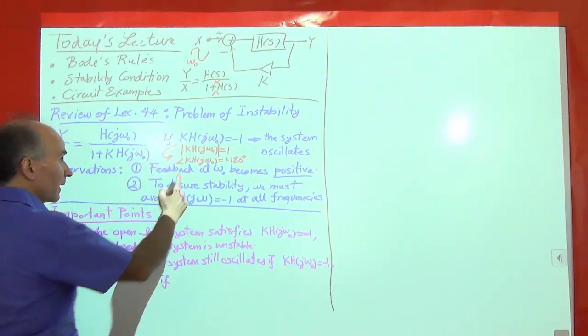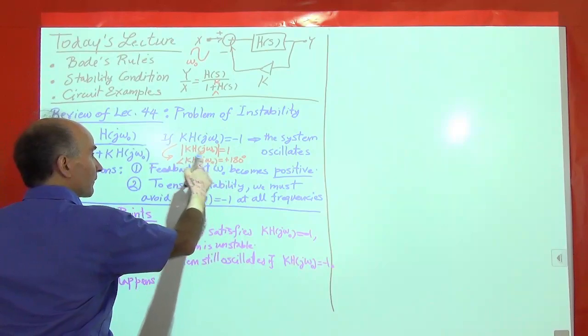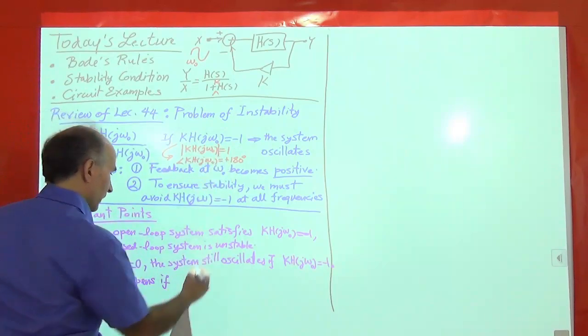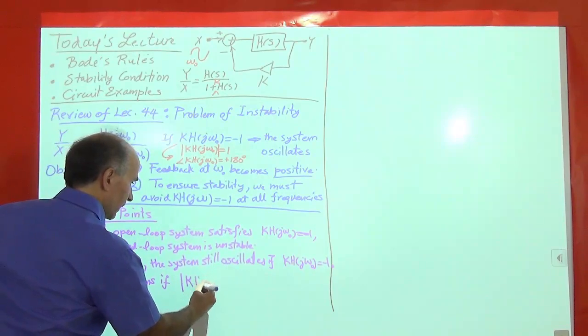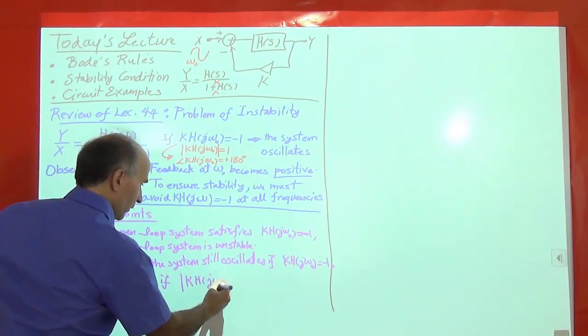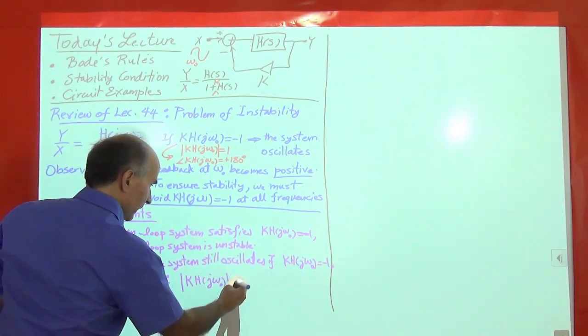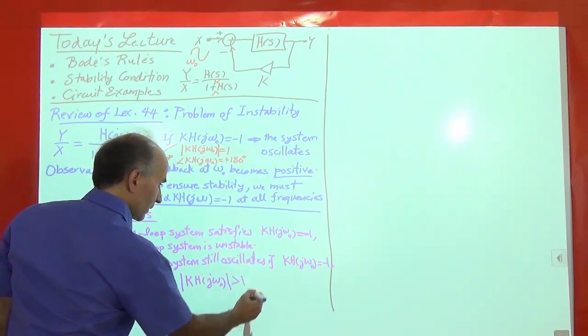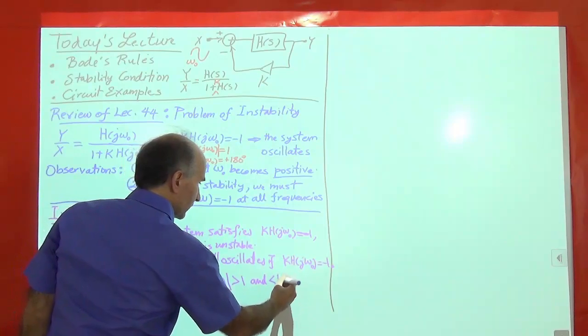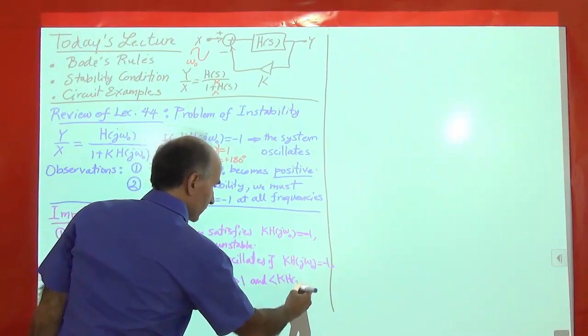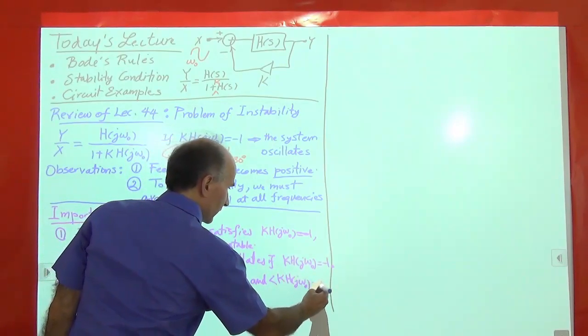So if I have this condition, but for this condition it's actually something else. So what happens if the magnitude of kh of j omega 0 is greater than 1, and the angle is still, the phase shift is still 180 degrees.